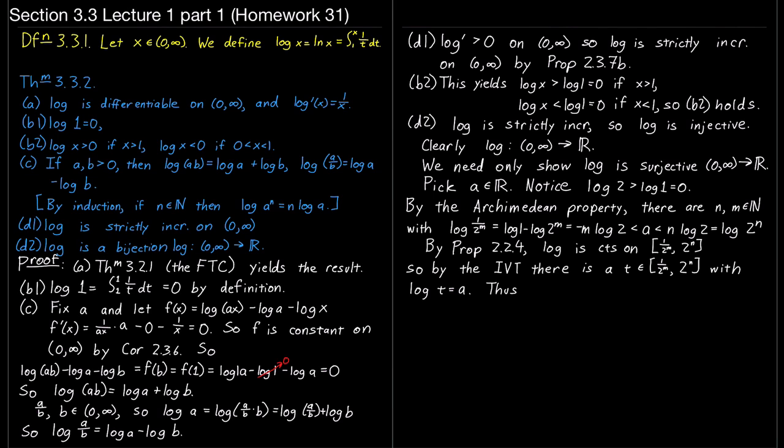Thus, the logarithm is surjective from the positive numbers to the real numbers. So that completes the proof. That shows that the logarithm is a bijection.